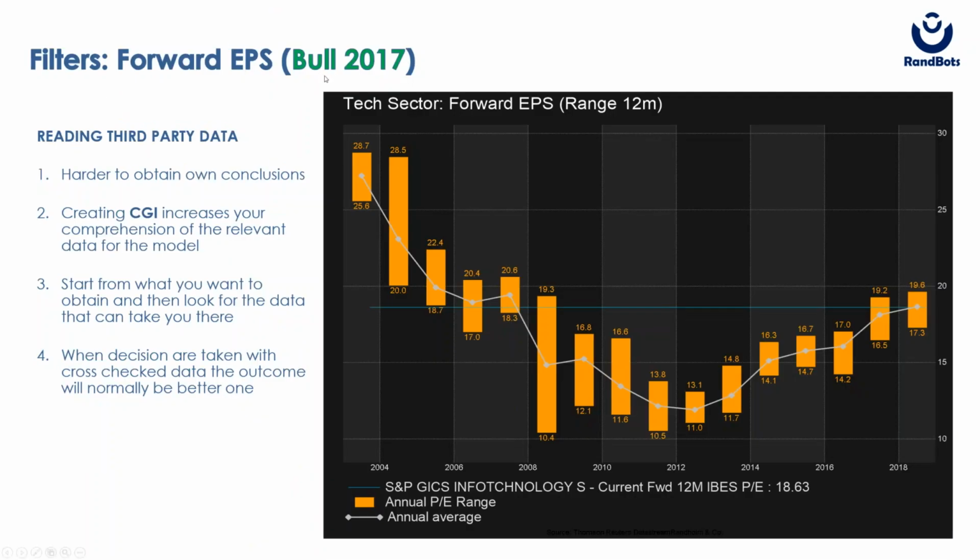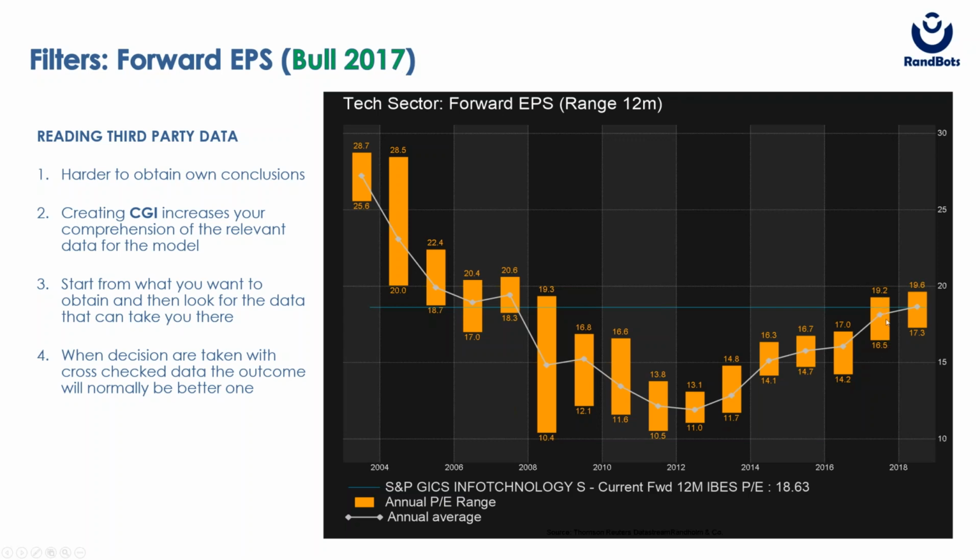This is a filter that I use for the bulls. I understand that reviewing third-party data that you didn't compile is complex, but this is one of the most accurate data I can get on forward earnings per share. This is from IBES. For example, here is a bull on the tech sector in 2017 based on my interpretation.